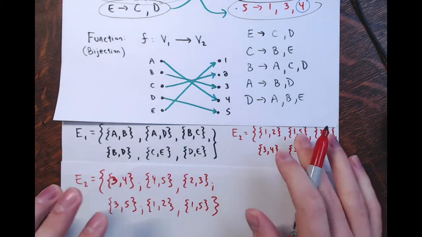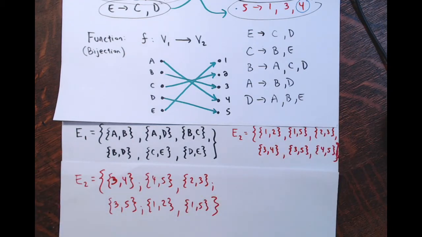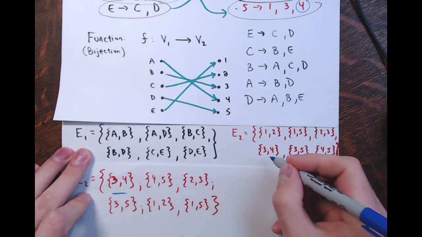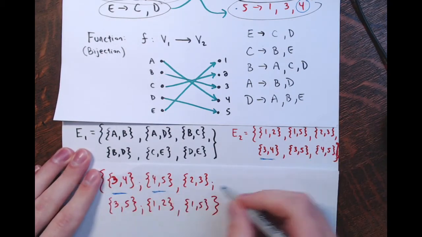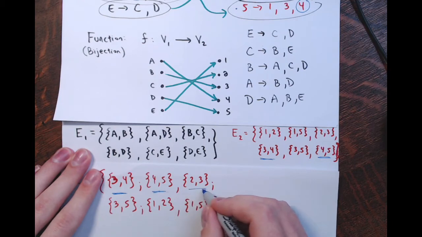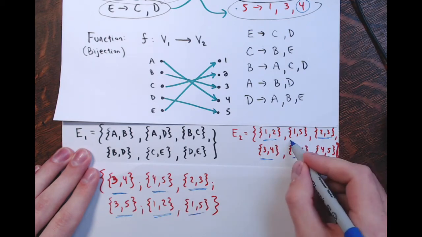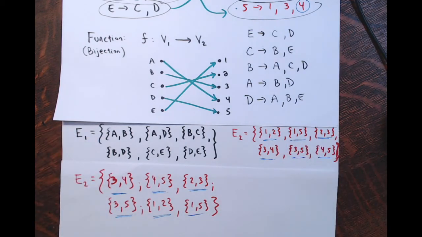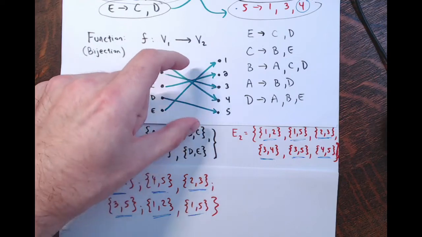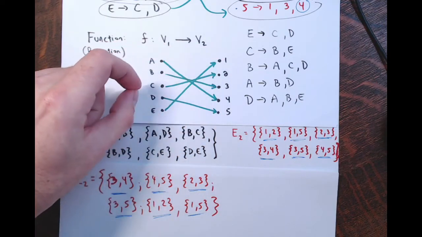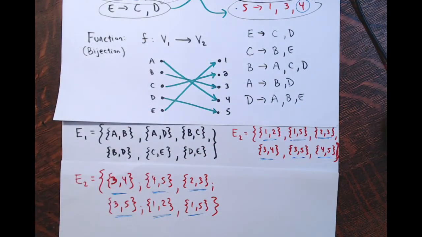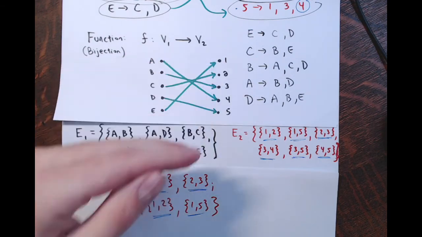And let's see if every edge is actually accounted for. 3, 4, great, 3, 4. 4, 5, 4, 5. 2, 3, 2, 3. 3, 5, 3, 5. 1, 2, 1, 2. 1, 5, 1, 5. Exactly the same. So this bijection, this relabeling of the vertex set, gives me the exact same edges.